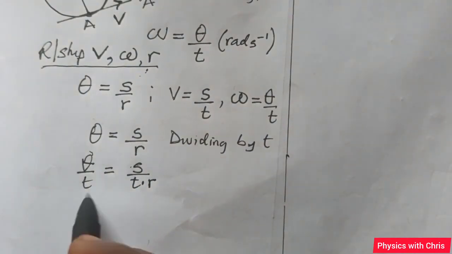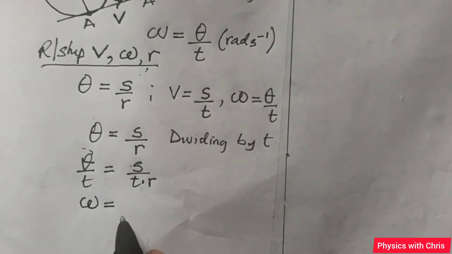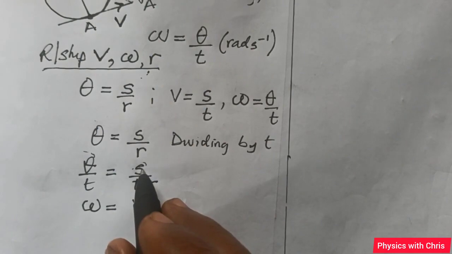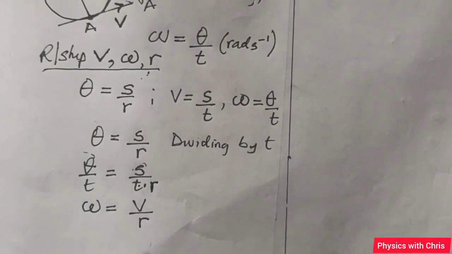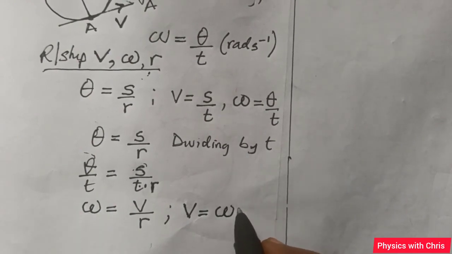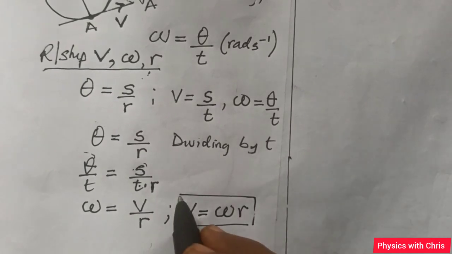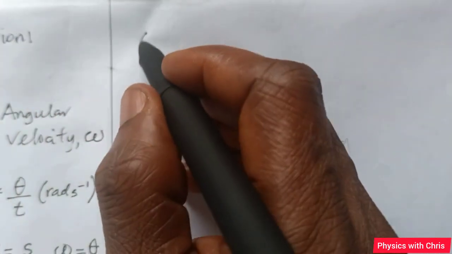Now this theta over time t is the angular velocity. And this s over t, distance over time, is my linear velocity v. Remember that this r is a denominator. So when I cross multiply, I'm going to have that the linear speed is equal to angular velocity multiplied by the radius of the circle. So this gives a relationship between the linear speed and angular speed.